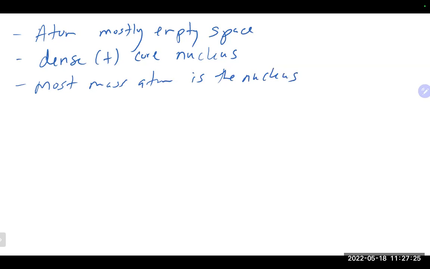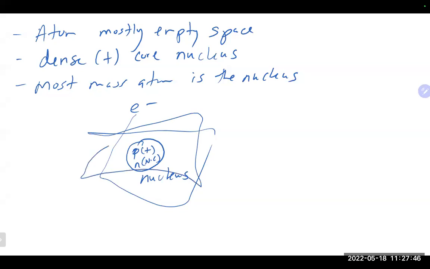So this is really our modern version of the atom, where basically in our nucleus we have two particles, which are protons, which are positively charged, and we have neutrons, which have no charge. Out from the nucleus at some distance in that empty space, we have our electrons traveling randomly about it.